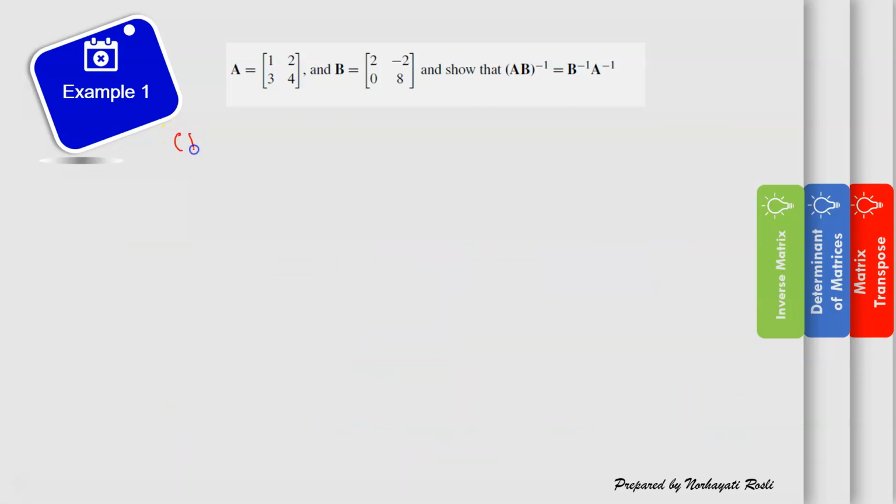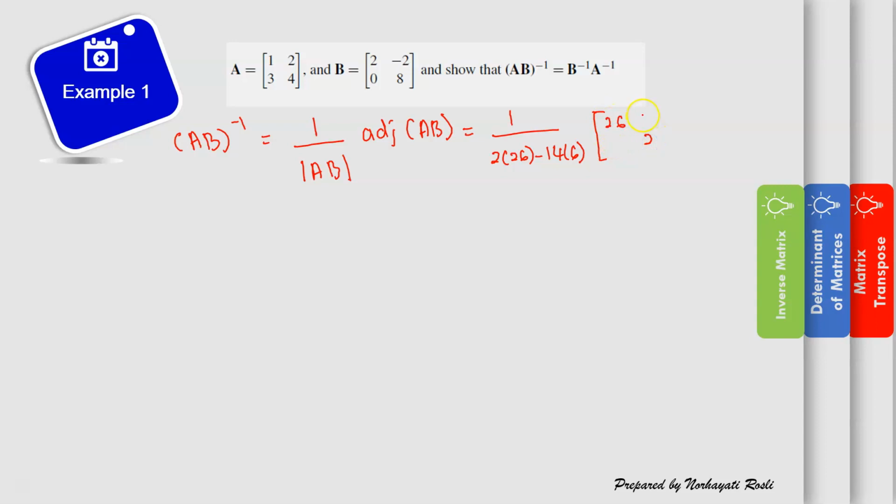Next, we need to find the inverse of AB. In this case, we need to find the inverse of the matrix AB that we computed previously, which is 1 over the determinant of AB times the adjoint of AB. For this one, we know that it is 1 over the determinant of 2 times 26 minus 14 times 6, multiplied by the adjoint of AB, given by 26, negative 14, negative 6, 2.